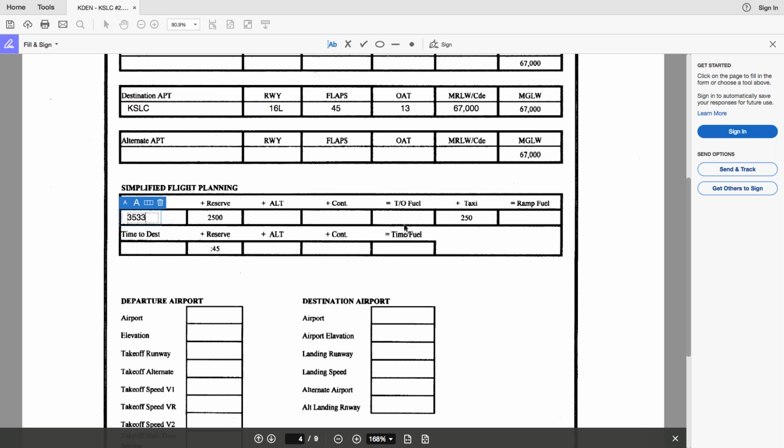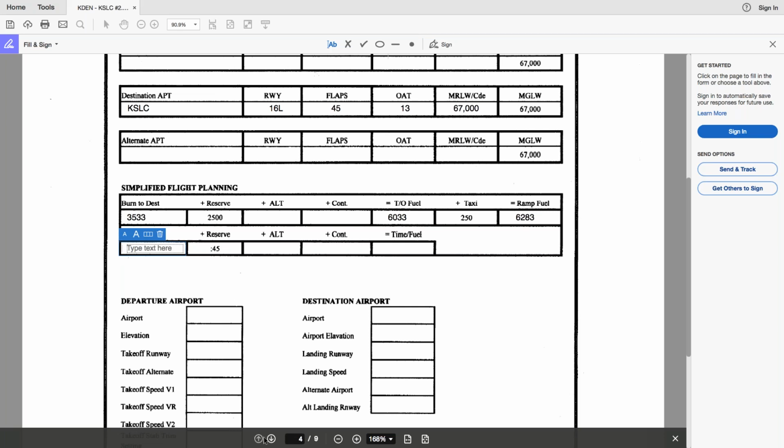We talked about that last class, right? So takeoff fuel equals 6033. And that equals what for our ramp fuel? 6283. Okay. And we convert that to time.